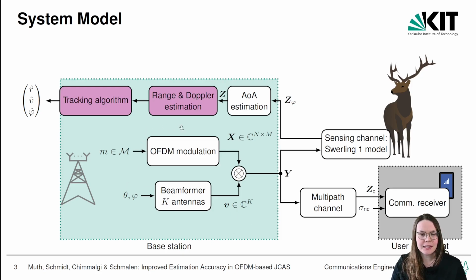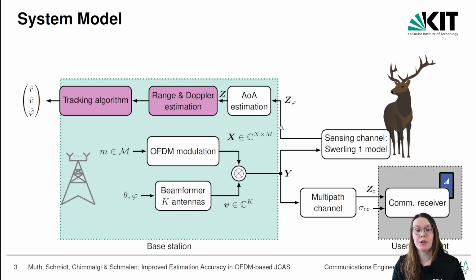So we first have here our usual transmitter, so we have some OFDM modulation, and then we also apply beamforming for our target but also for our communication device, which isn't really addressed in this talk that much. So we transmit a signal, then it's reflected by the target, which again is our deer here.